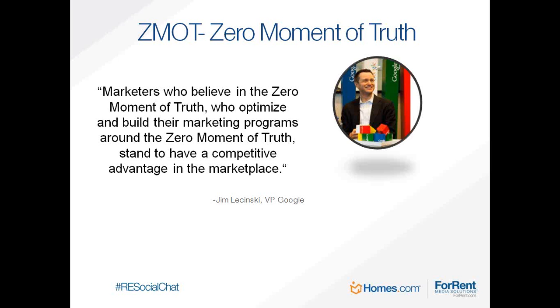But again, search engines play a critical role that really makes a direct correlation and impact when it comes to someone's zero moment of truth when they're searching for their home, whether they're renting or buying.